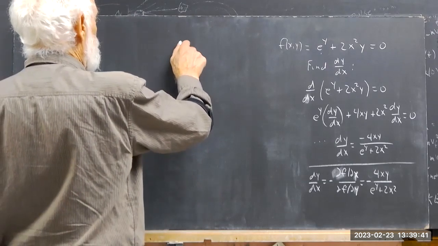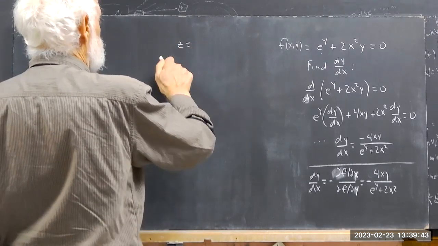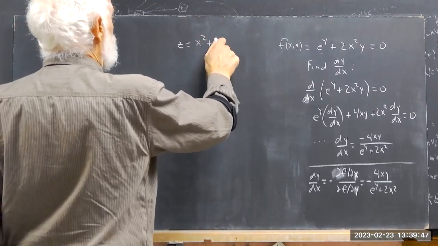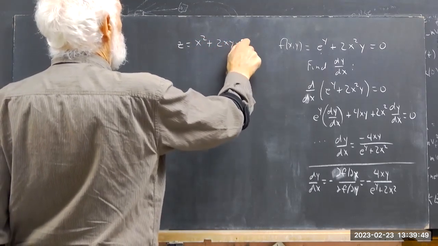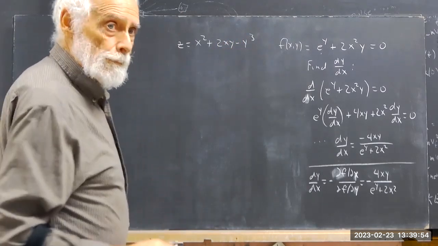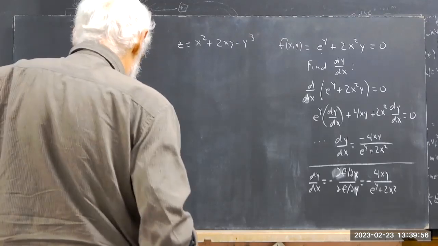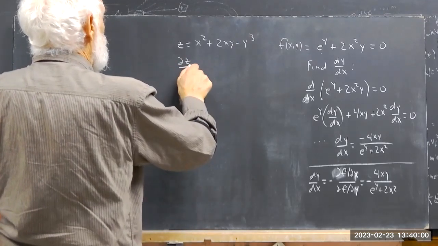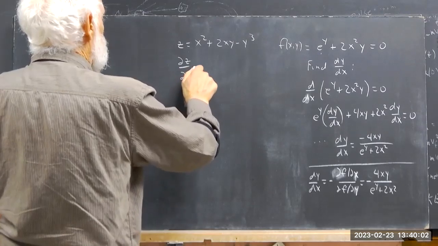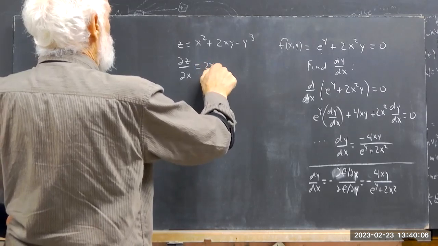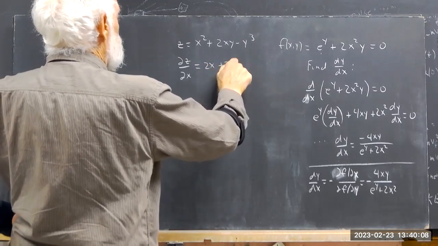We're going to say, okay, if we've got z equals x squared plus 2xy minus y cubed, and then clearly partial of z with respect to x is 2x plus 2y.